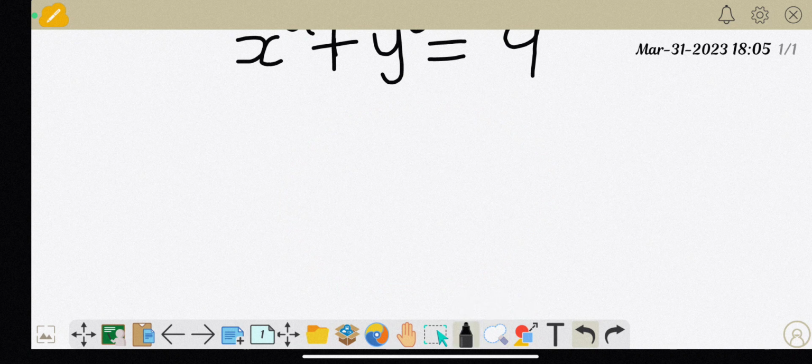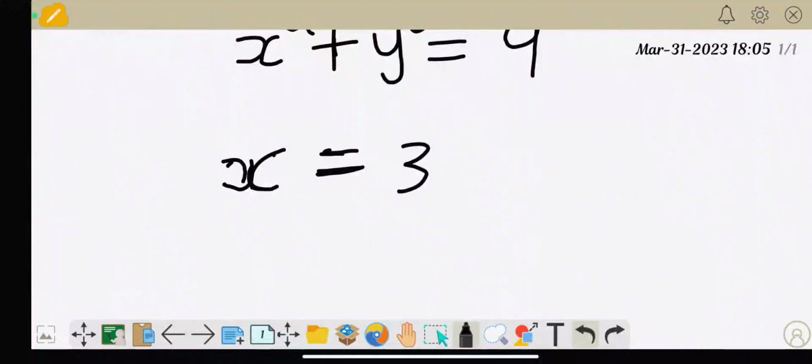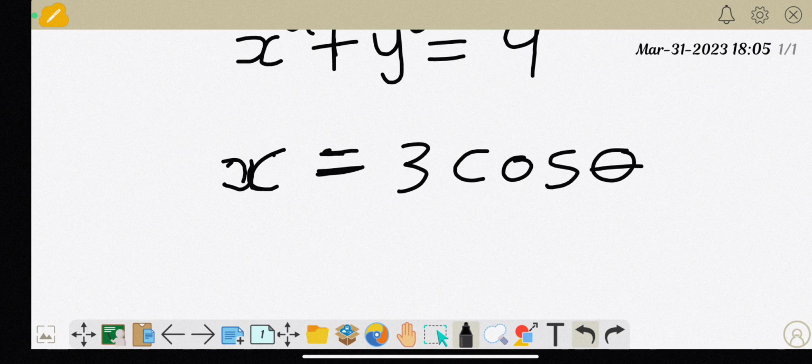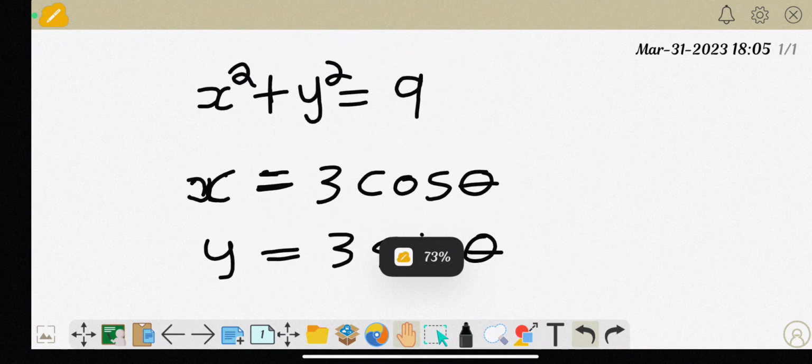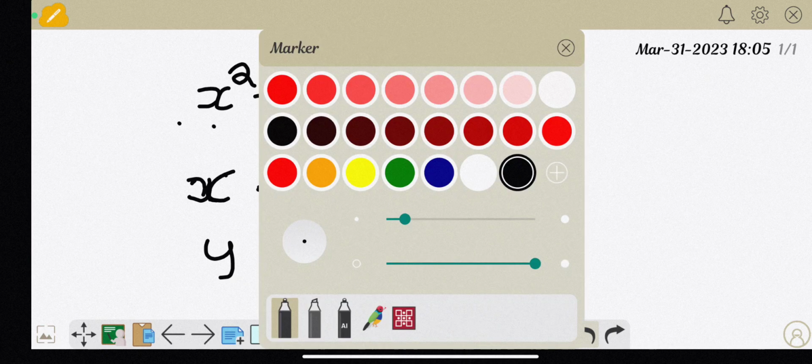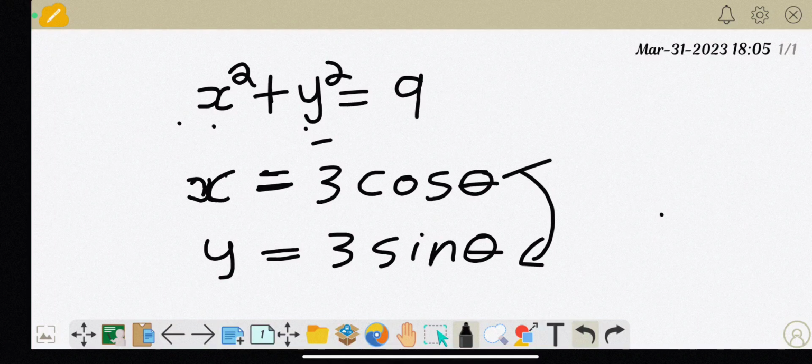Wherever x is there, I can substitute x equals 3 cos theta and y equals 3 sin theta. Now I have two variables, right? If I substitute this, my problem is reduced to only one variable. This is the advantage.